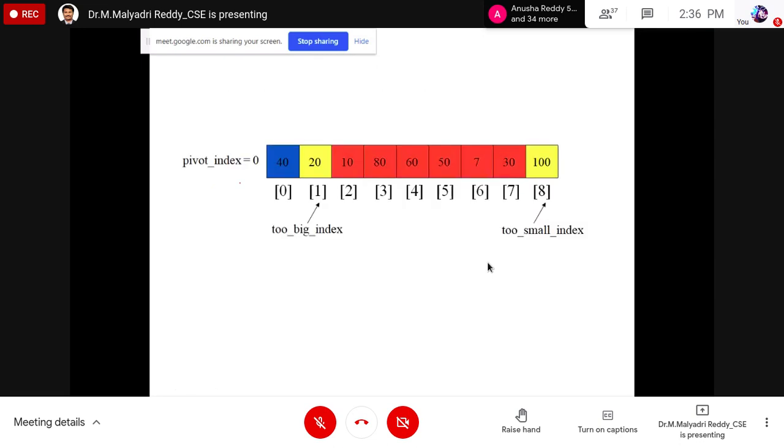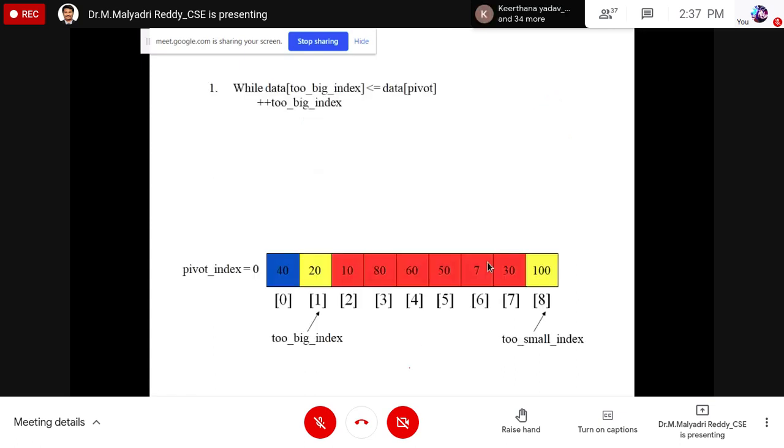After that, I check the first element, 20. This is the lower boundary, and this is the higher or upper boundary. From here I compare the I value: whether the element is smaller than the pivot element.